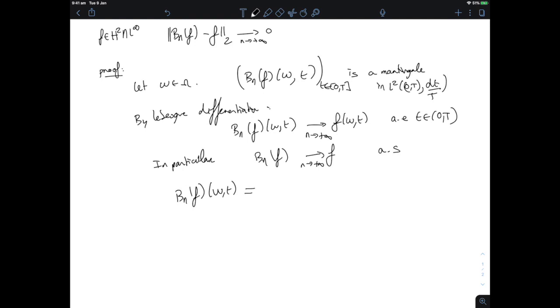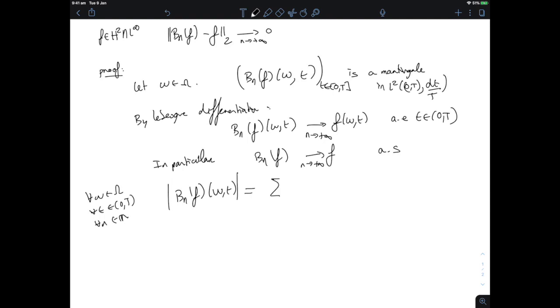So recall that Bn F of omega, for every omega, for every t, and for every n, what is it? And how large is it?